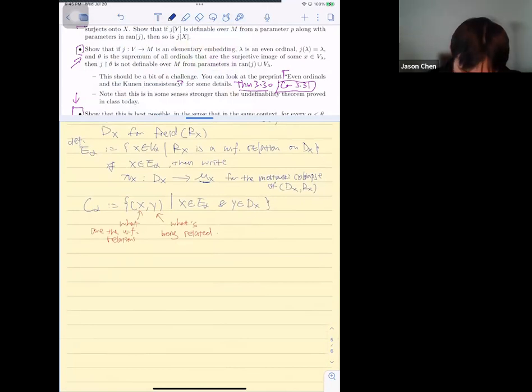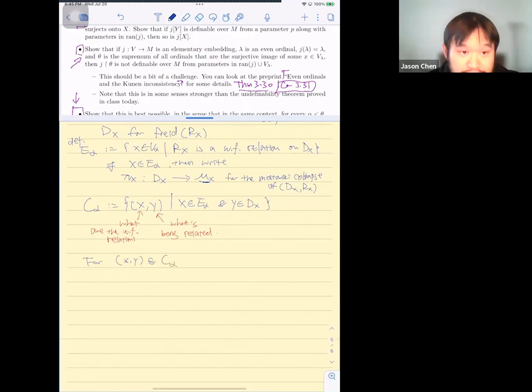Now for x, y in C alpha, we define phi sub alpha of x, y to be this pi sub x of y.